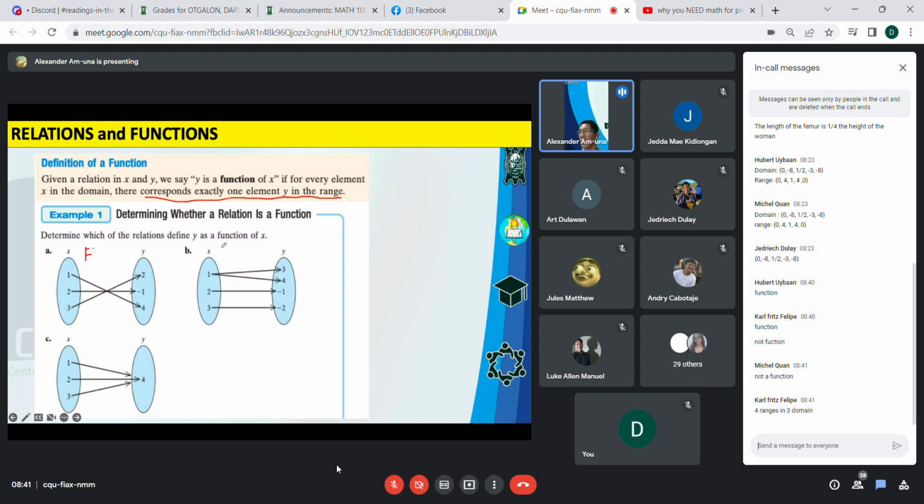Or, take note, it says here, for every element x, there's only one y in the range.